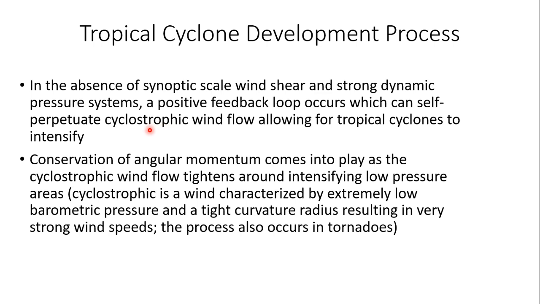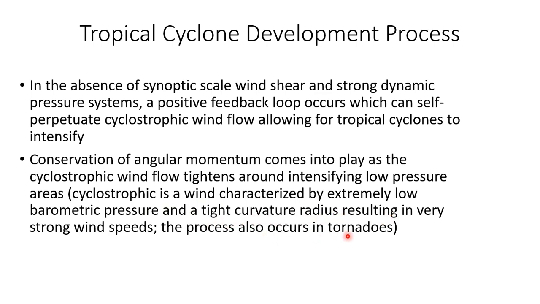and also tropical cyclones. Now, the conservation of angular momentum comes into play as a cyclostrophic wind flow tightens around, intensifying the low pressure areas. There it is, the definition of cyclostrophic flow. I also put it here for you to read: wind characterized by extremely low barometric pressure, very tight curvature radius, very strong wind speeds.